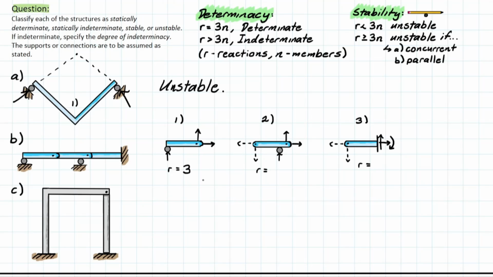Now, an important takeaway from a problem like this is that at a pin between members, you're going to have equal and opposite reactions in the adjacent member or the connecting member. So this means that these reactions are technically known if they were previously solved in this member, so we're going to exclude them from the formulas that we're using above, right?